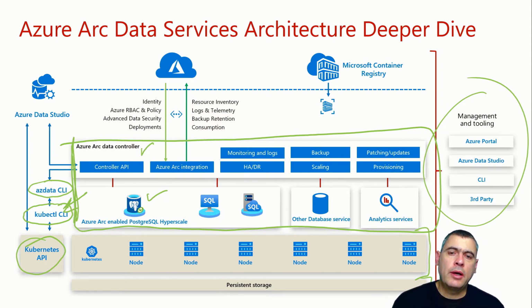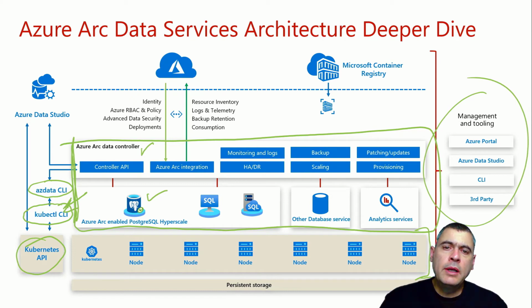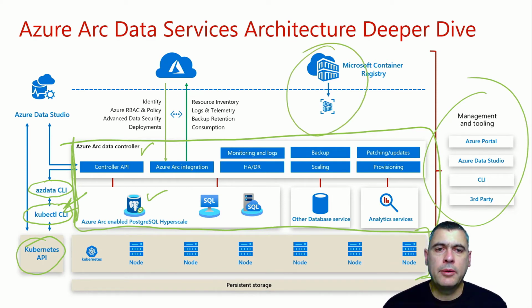So how does that work? Well, when you deploy an Azure Arc system, you actually download a container image from the Microsoft Container Registry. Eventually, you'll be able to create your own registry on your premises and deploy from there. But basically, you get the containers from us, and then that's the deployment.